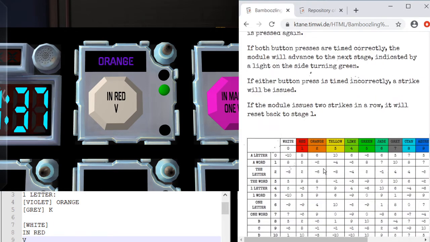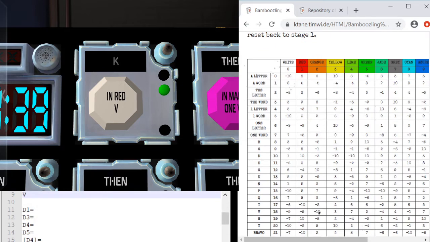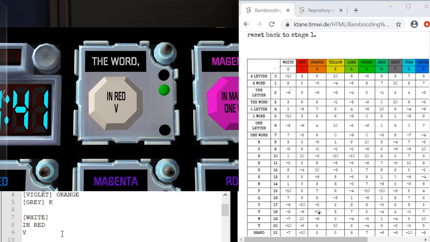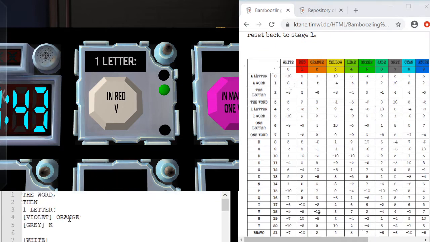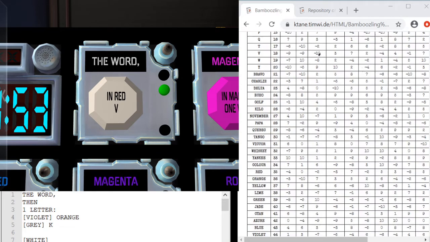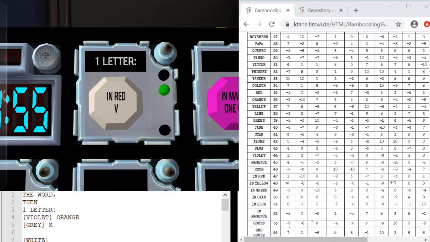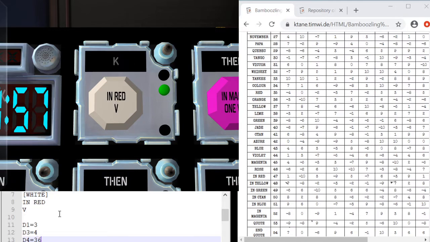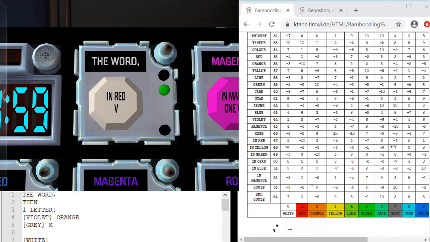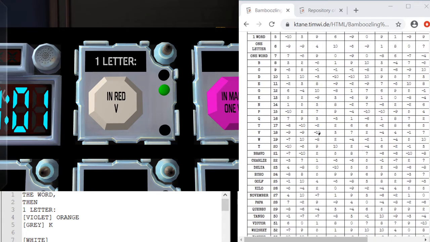So let's do the exact same thing we did the first time around. D1 is the word, which is 3. D3 is one letter, which makes it 4. Okay. Orange is 36. And K is 13.